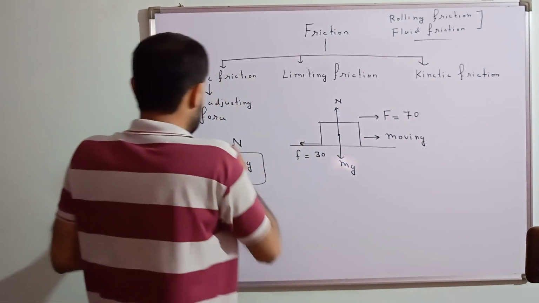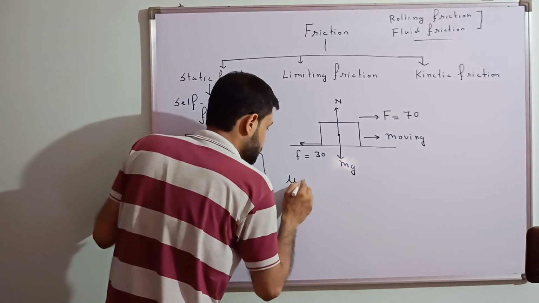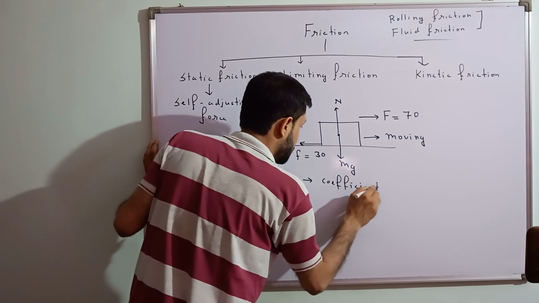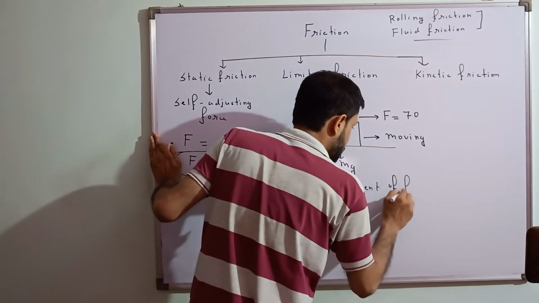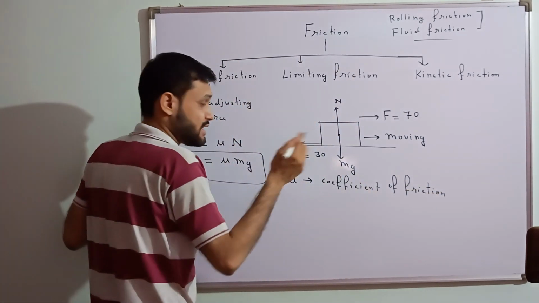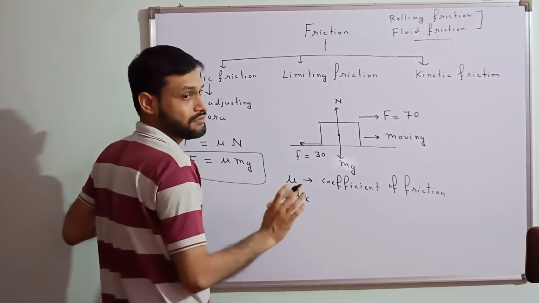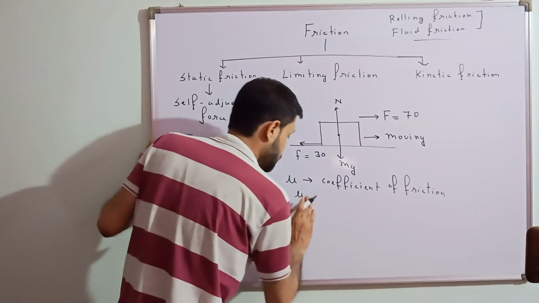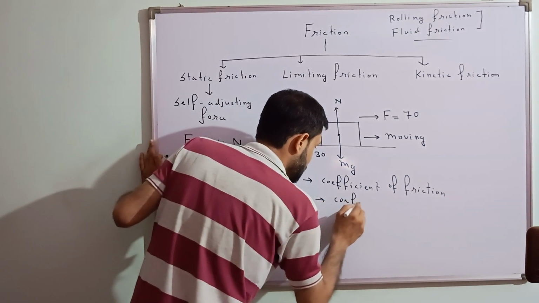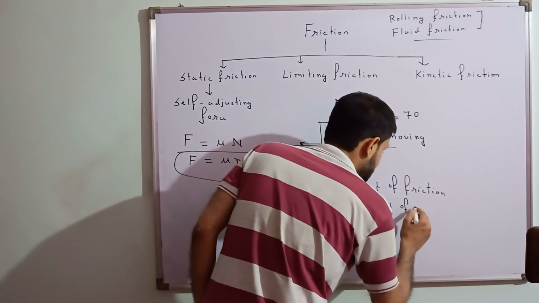Now, this mu is known as the coefficient of friction. You know this thing? If the object is at rest, they'll write it like this, mu s, that is the coefficient of static friction. This is known as the coefficient of static friction if the object is at rest.